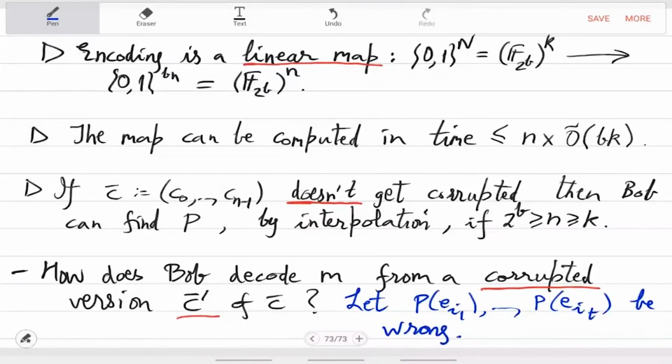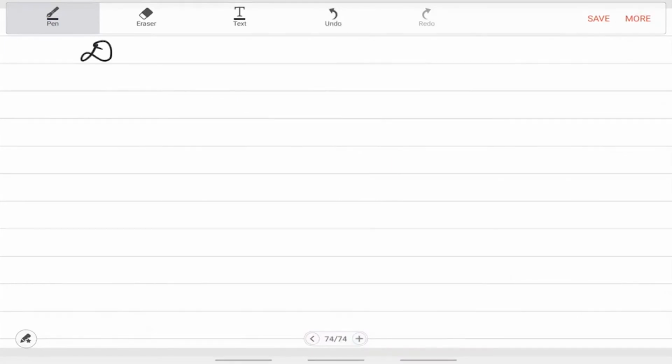So Bob will do a thought experiment first. Suppose that the errors are in these places EI1 to EIT, and try to come up with a method that doesn't require I1 to IT in the decoding algorithm. So let's title this decoding RS.